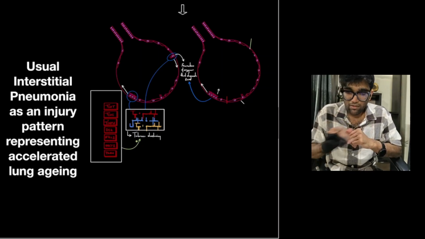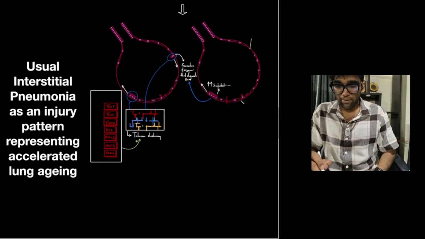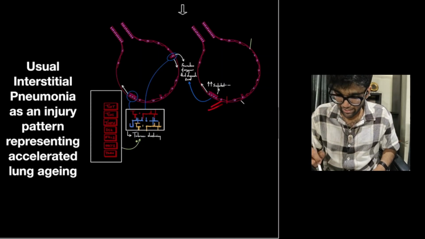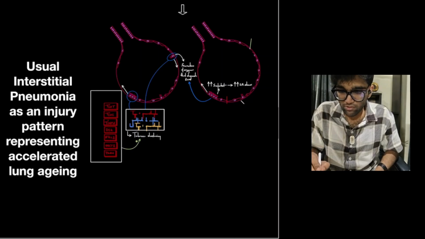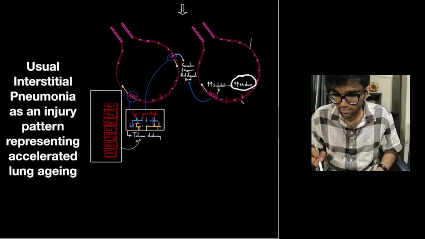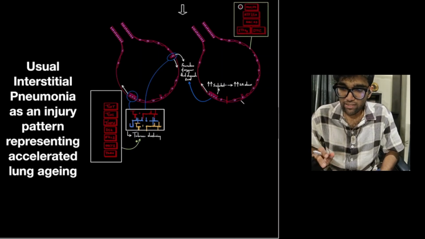So now this is the type 2 pneumocyte in this alveolus trying to produce increased amounts of surfactant. Because of that there is an increased ER stress response in these cells, and eventually these cells die.